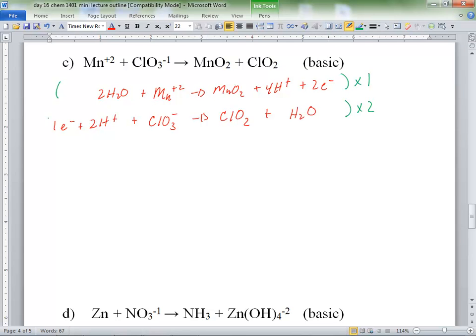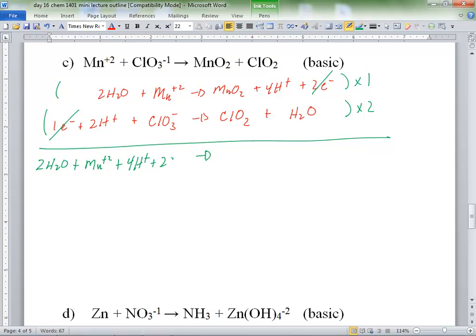So if you're doing the manganese one, I added 2 electrons to the MnO2 side and 1 electron to the chlorate side. And then simplify things.